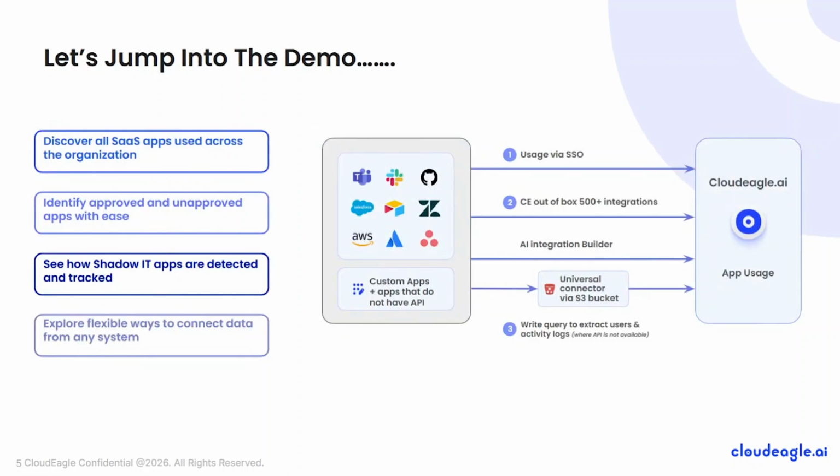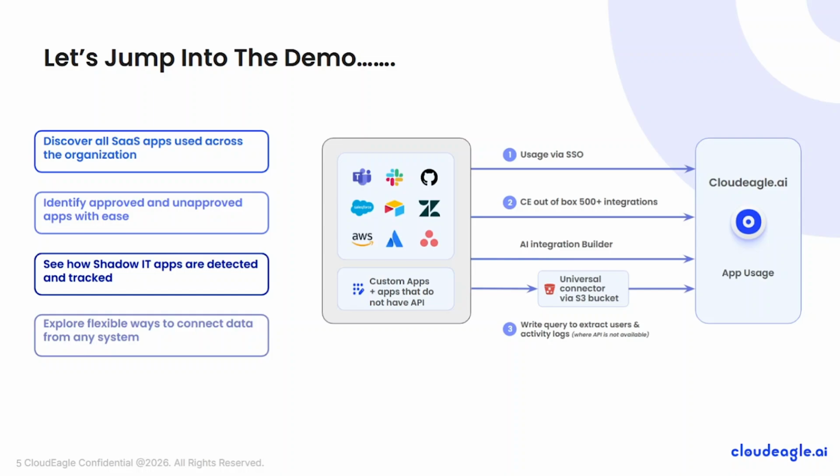Here's what we'll cover today. First, we'll show how CloudEagle discovers all SaaS apps in use across your organization using over 500 out-of-the-box integrations, SSO data, and more. Next, we'll demonstrate how approved and unapproved apps are identified and managed.